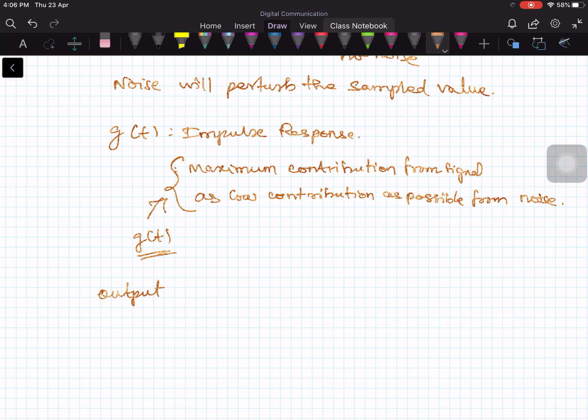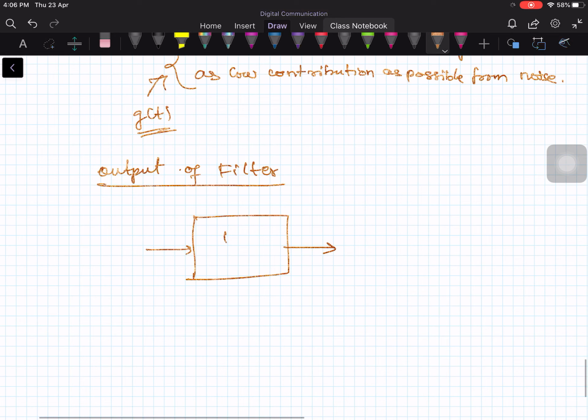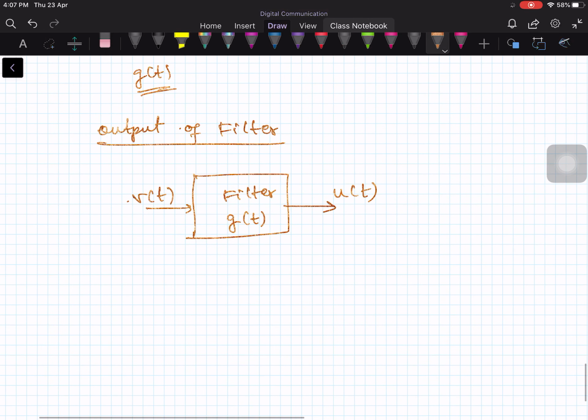As I said, the filter should be biased for signal and reject the noise as much as possible. This is my filter: the input is v of t, the output is denoted by u of t, and the filter impulse response is denoted by g of t. The output is given, in the time domain, by the input convolved with g of t.